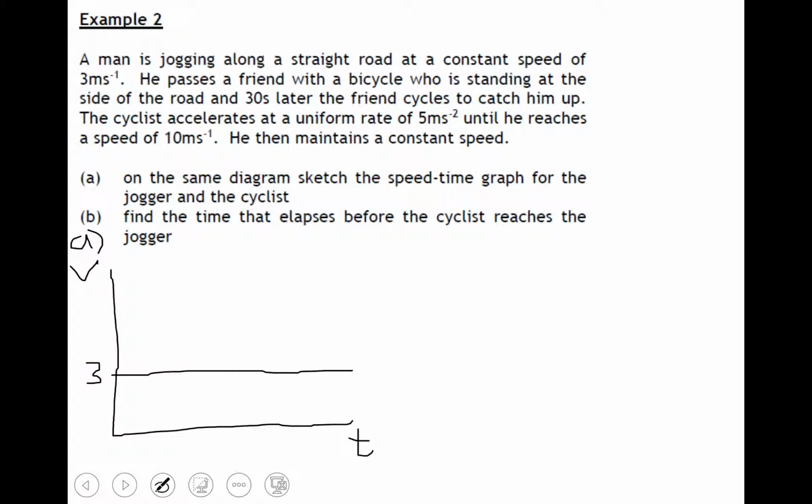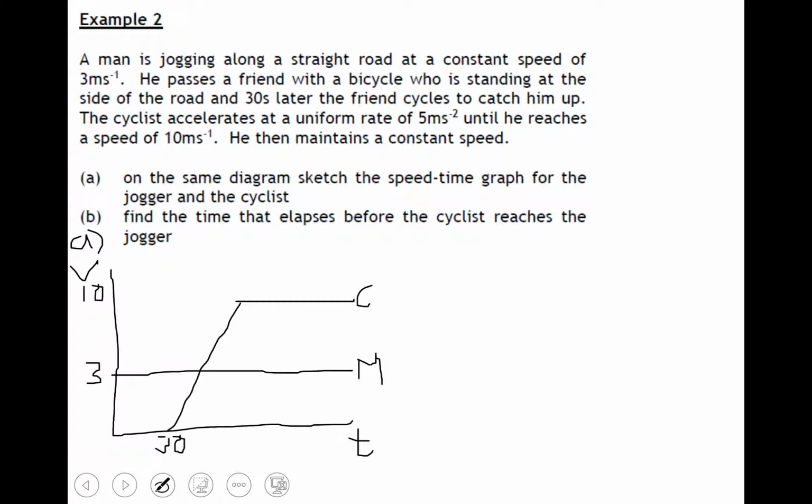Let's denote the man by M. Now he passes a friend with a bicycle standing on the side of the road 30 seconds later, so 30 seconds. The friend cycles to catch him up. Accelerates at a uniform rate of 5 meters per second squared until it reaches a speed of 10 meters per second, then maintains a constant speed. It's a cyclist.